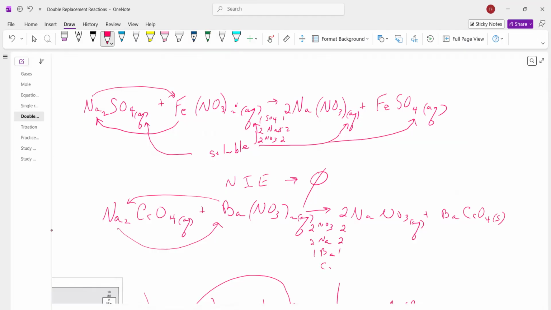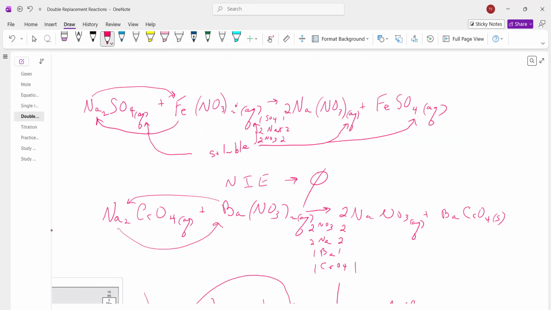Chromates, 1 and 1. So now it's balanced. And the barium chromate is a solid, S for solid.